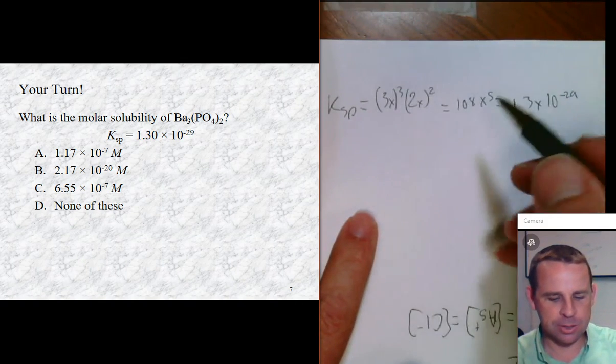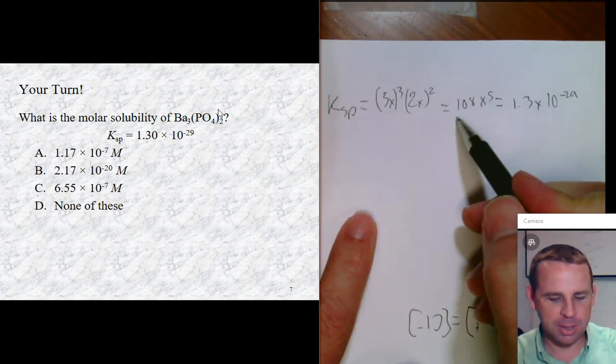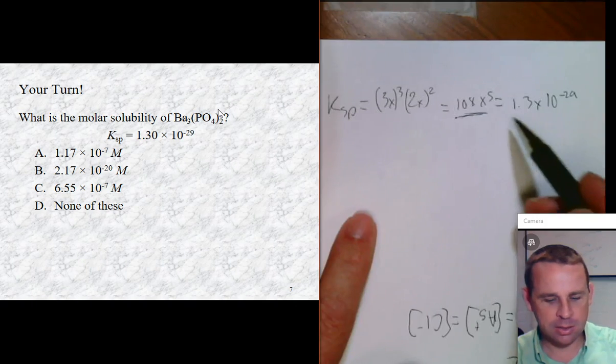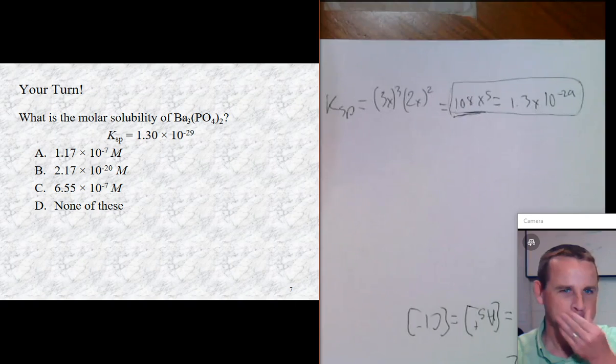All right, so you'll see that there's a trend here where if I have another scenario where I have 3 barium ions and 2 phosphate ions, then it ends up being, again, 108x to the 5th set equal to our KSP.